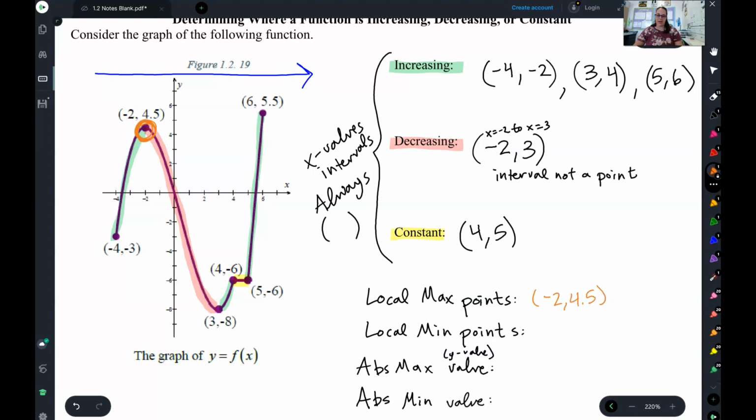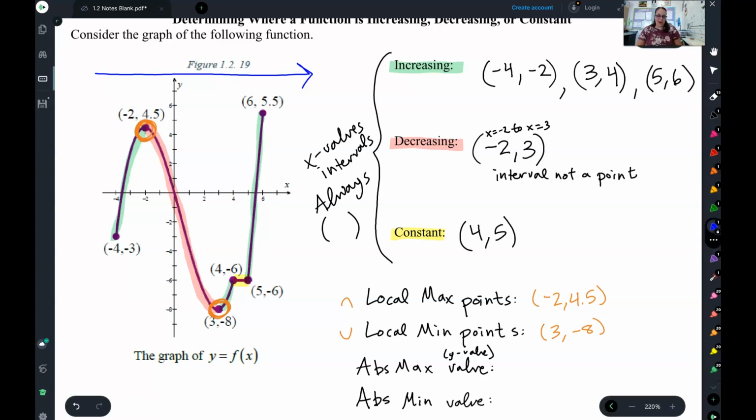That is the local maximum point. I don't see any other hills in this graph. So local maxes, we're done. Local mins, that's our valleys. I see a local min, a valley right there, lower than the points around it. So that point is at 3, -8. That's my local minimum point. I want the whole point, it's the valley.